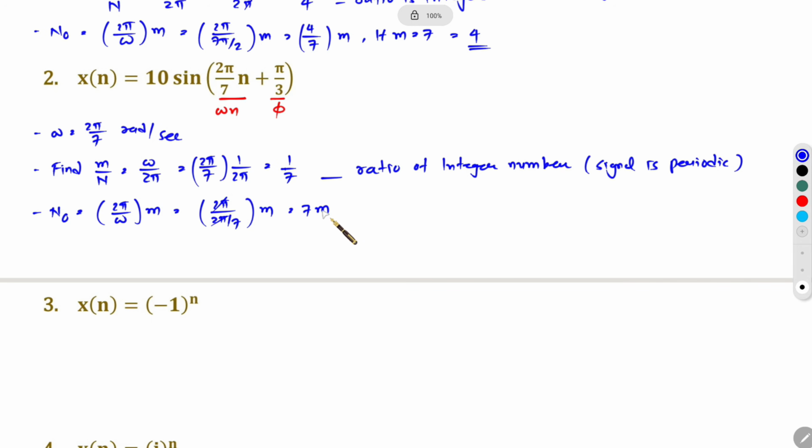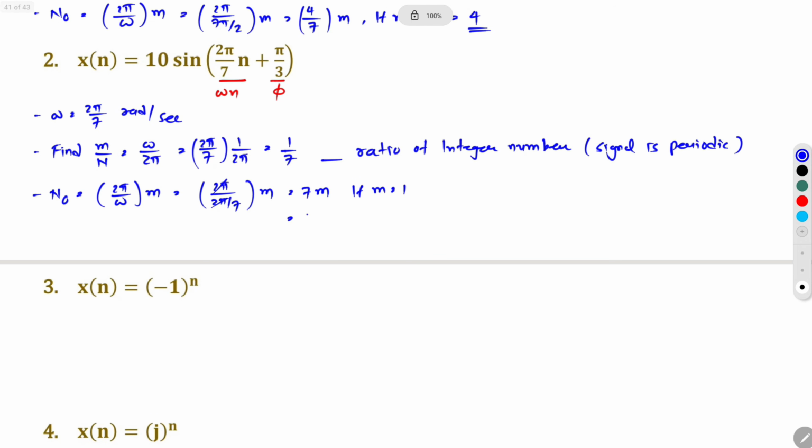See, here we need to select small m with minimum value to keep this number as integer number. So if you keep m is equals to 1, then you will get N naught is equals to 7, right? So 7 is fundamental period, means after 7 samples, this signal is getting repeated, right?